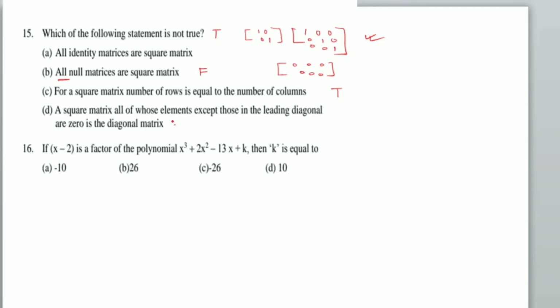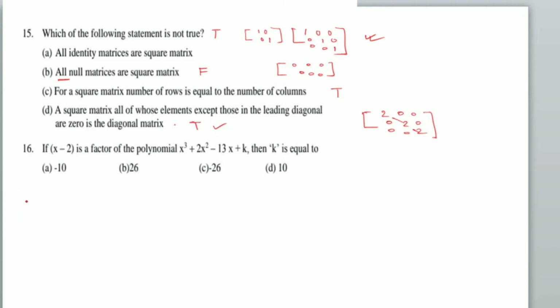Yes, this is the definition of a diagonal matrix, and it is said that a square matrix which has all elements 0 except those on the leading diagonals is called a diagonal matrix. For an example, 2 0 0, 0 2 0, 0 0 2, you can see except the diagonal elements all the elements are 0, so this is a diagonal matrix, so it is true statement.